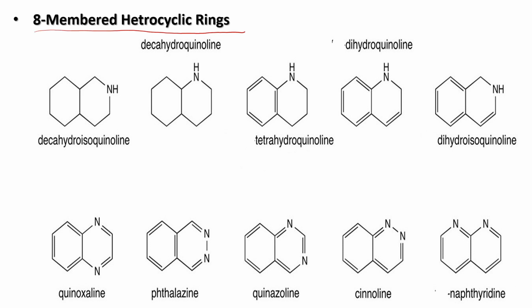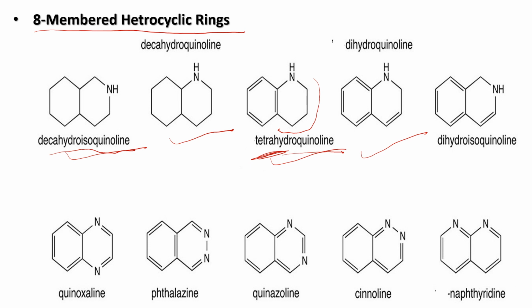Heterocyclic rings: decahydroisoquinoline, decahydroquinoline, tetrahydroquinoline. You can see tetrahydro, because of this there is no double bond, so the way we write this is tetrahydroquinoline, and here dihydroquinoline, dihydro.